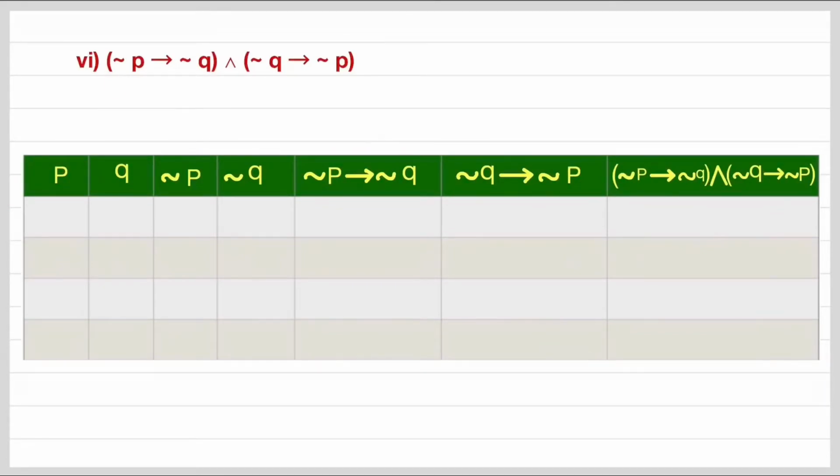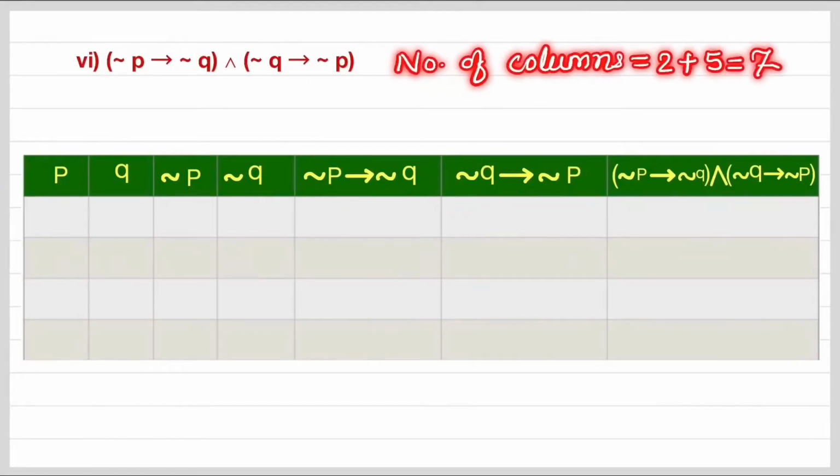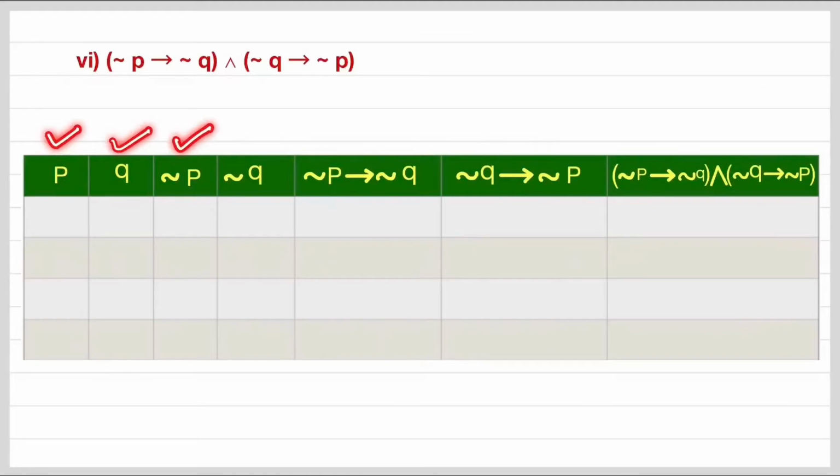And how many logical connectives? 1, 2, 3, 4, 5. 5 logical connectives. Here negation of P and negation of Q are repeated, but we will count them once only. Therefore, number of columns is equal to 2 plus 5 is equal to 7. These are the 7 columns.